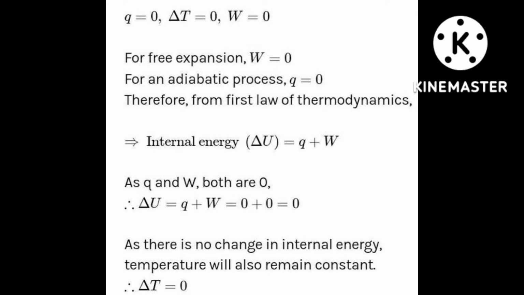Q is equal to minus W in both cases, and minus W is equal to nRT ln V final divided by V initial. That ln you can convert into log, then it becomes 2.303 nRT log V final divided by V initial.